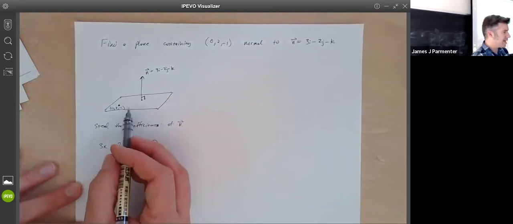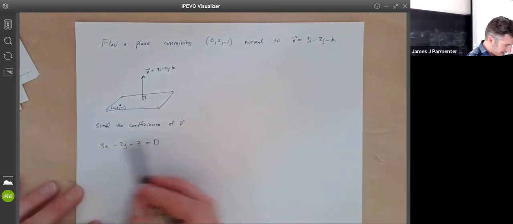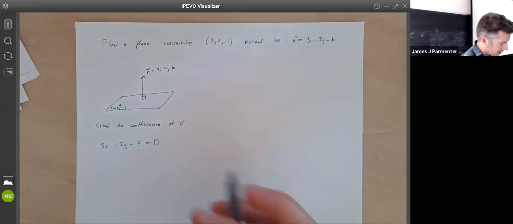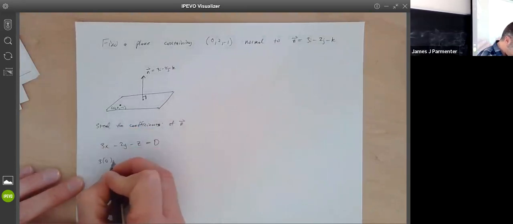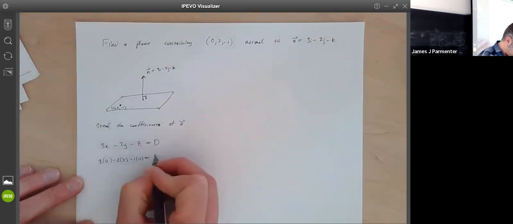But then it's very much like doing the y equals mx plus b thing. If you know the slope and you know a point, you plug in the point and then you find the b value by calculating what it has to be. Same idea here. We know the slope, not really a slope, but same idea, and we know a point. So if I plug in that point, 3 times 0 minus 2 times 2 minus 1 times -1 is going to equal our d.